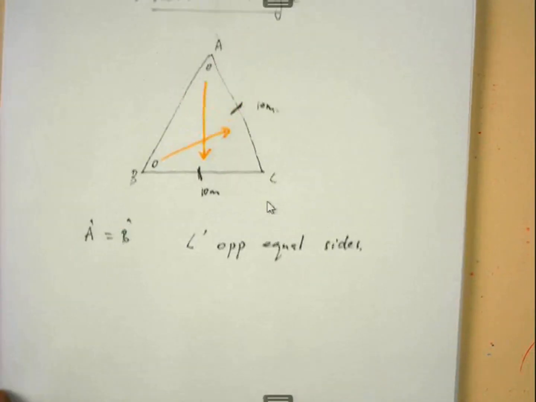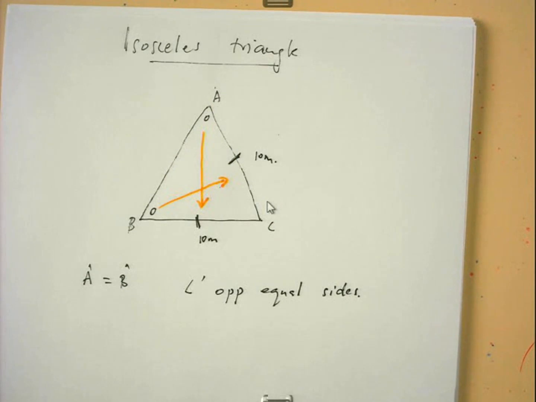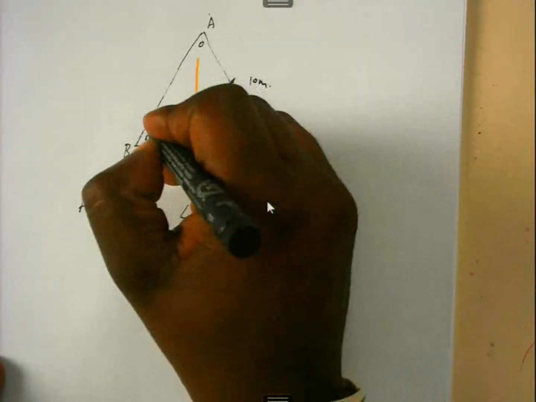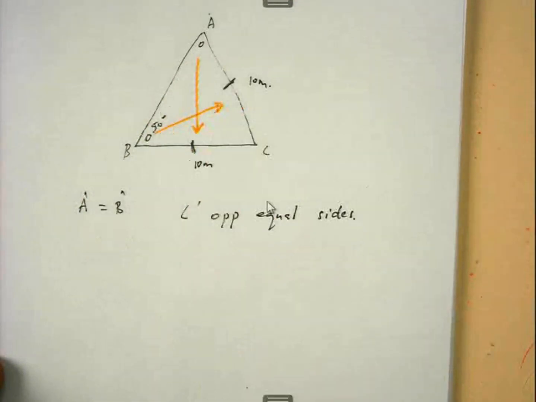So the two angles get to be equal to each other. Now, an isosceles triangle is only one triangle which has two sides equal to each other, and this makes the angles opposite those sides also equal to each other. Meaning that if angle B is 50 degrees, angle A will also be 50 degrees because the sides are equal.